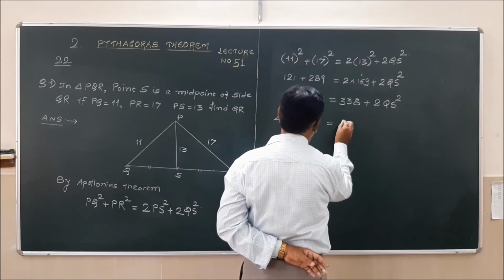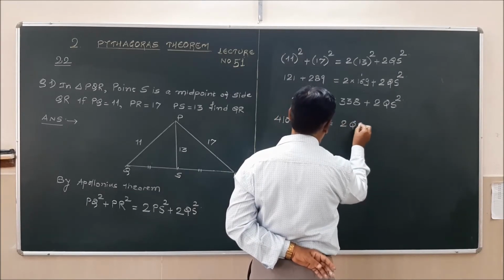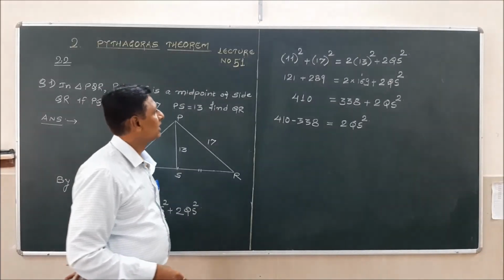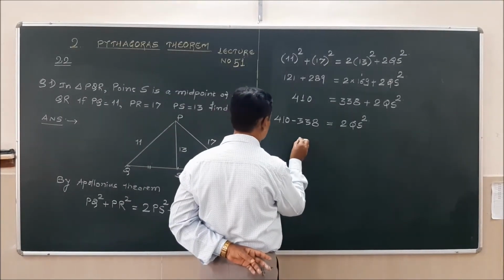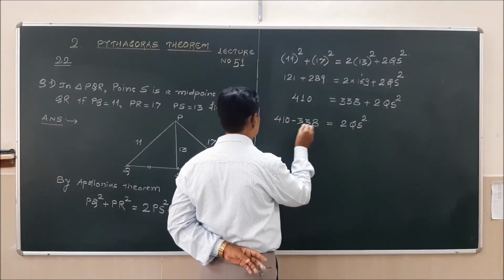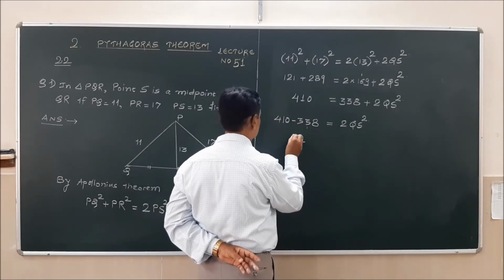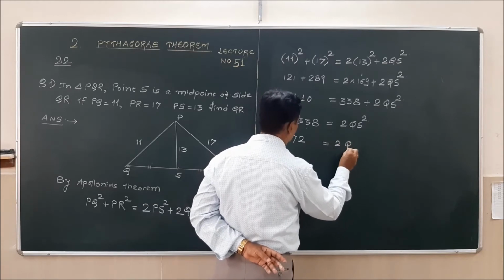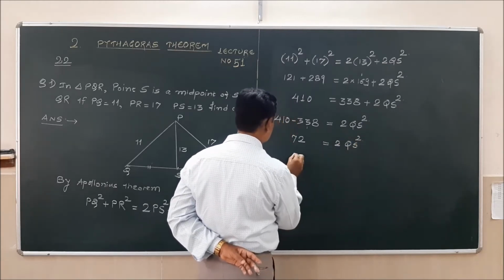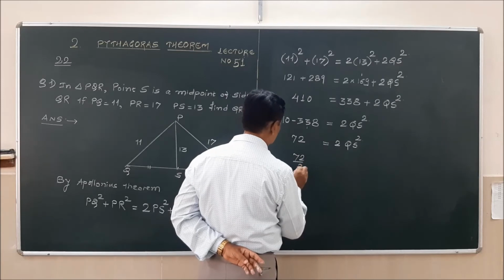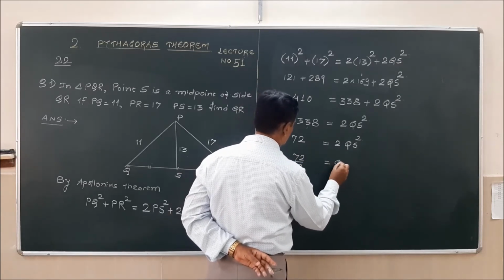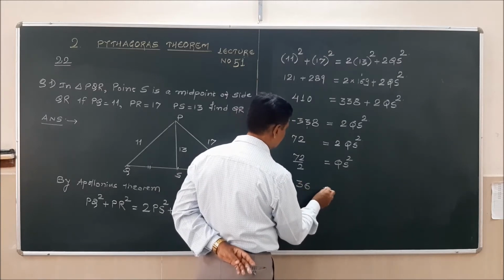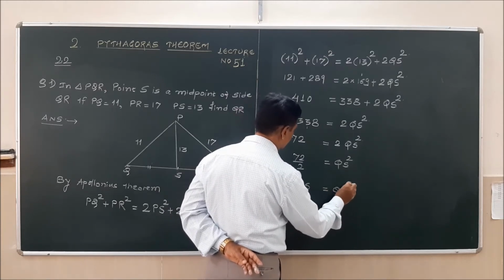Transfer this 338 to the left hand side. Then you will be getting 72 is equal to twice QS square. 72 upon 2 is equal to QS square. 36 is equal to QS square.